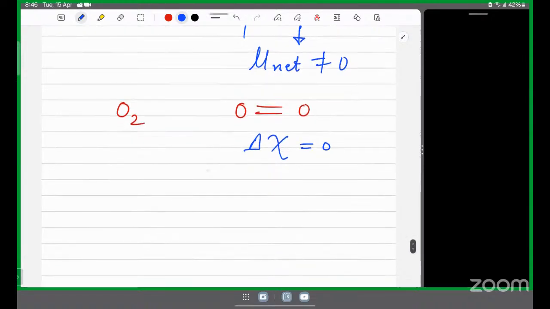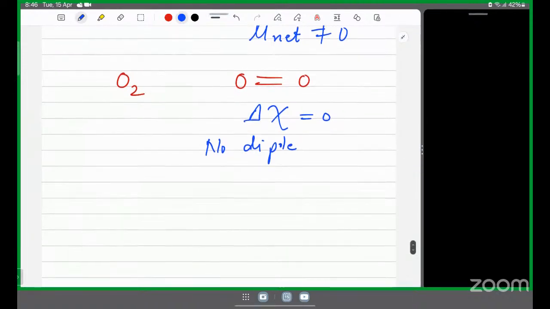Since there is no dipole, these types of covalent bonds are known as non-polar covalent bonds. A non-polar covalent bond is a covalent bond in which there is no partial positive or negative charge.